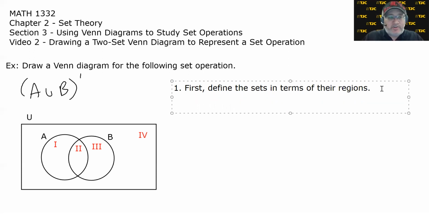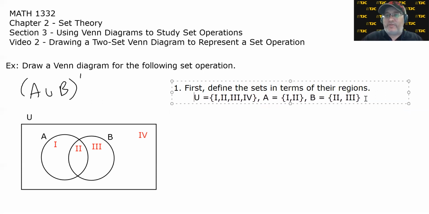So for this one, our sets are A, which is made up of regions 1 and 2, and B, which is made up of regions 2 and 3. Technically, you should also think about the universe, but it's always going to be all the regions in play, which in this case is 1, 2, 3, and 4. But that's your first move, to define the sets in terms of their regions.